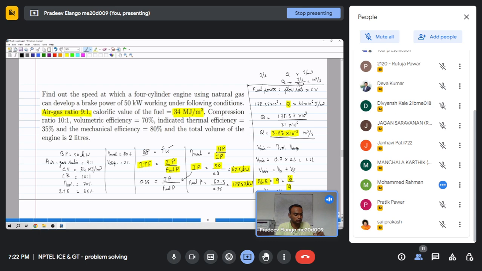Fuel power is flow rate into calorific value. So by definition, both are different. Yeah.